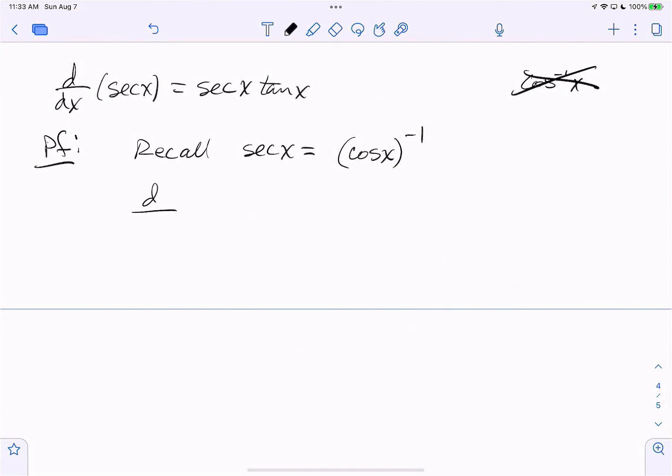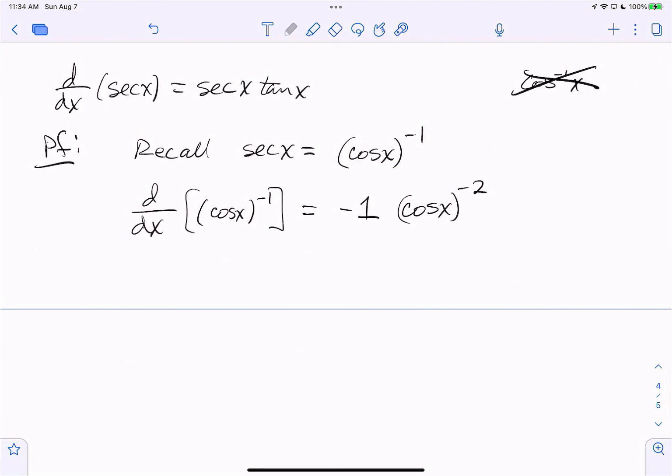So the derivative with respect to x of the cosine of x to the -1 is going to use the general power rule, which means I'm going to pull a negative out front, or -1 out front if you like. Cosine of x to the -2 power. So that's the power rule. But then I need to bring in the chain rule, and the derivative of the cosine is the negative sine. So I have times negative sine of x.